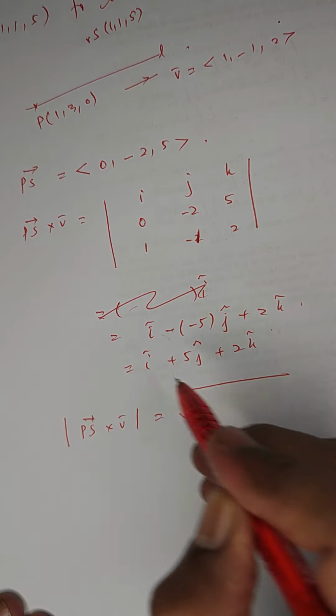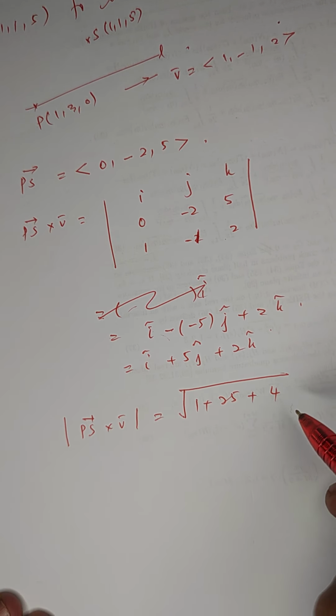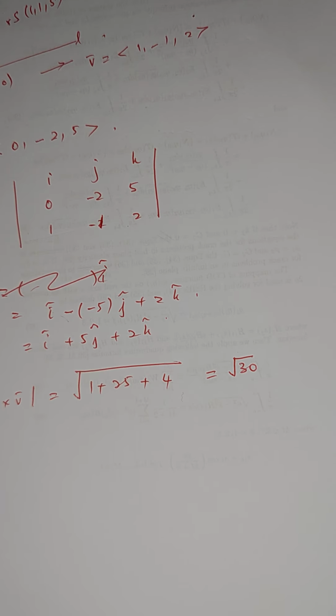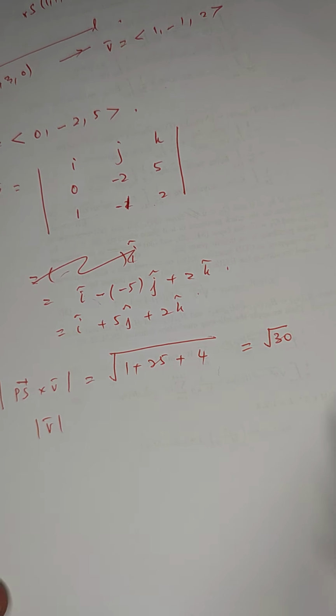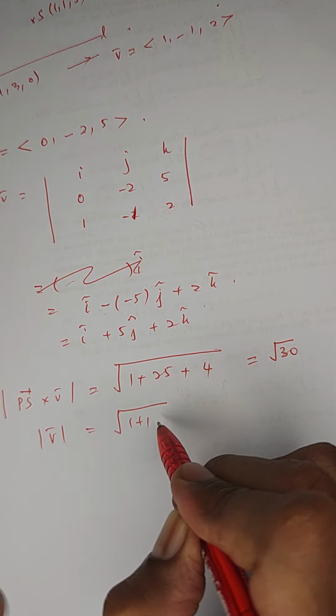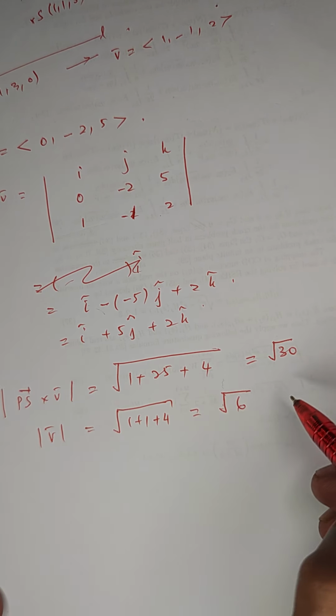This is 1 plus 25 plus 4, so that gives you 30. And the magnitude of V is 1 plus 1 plus 4, that gives you 6.